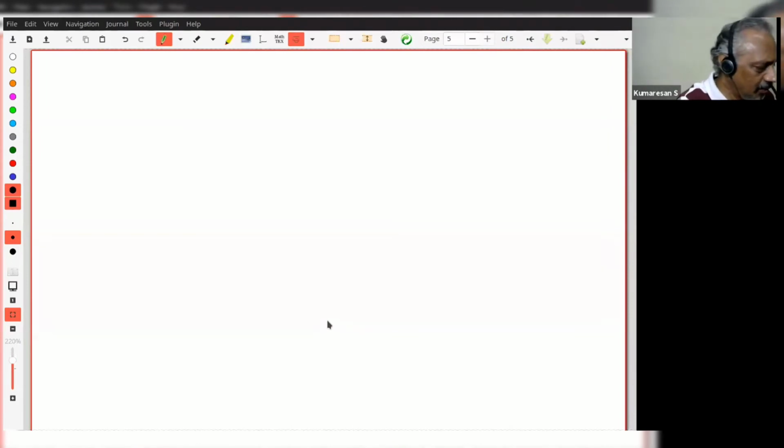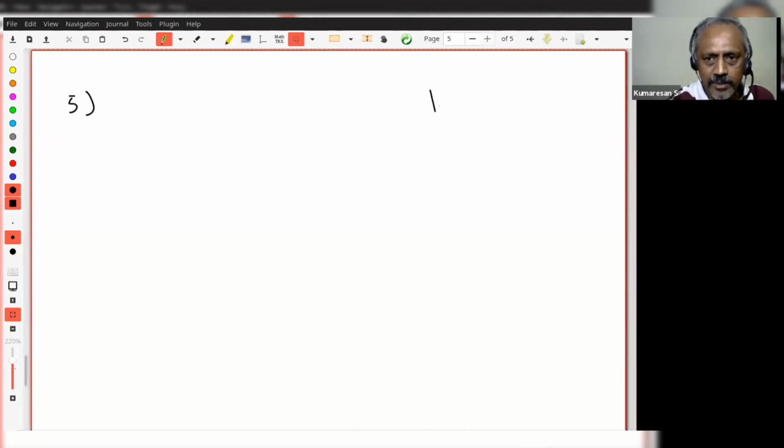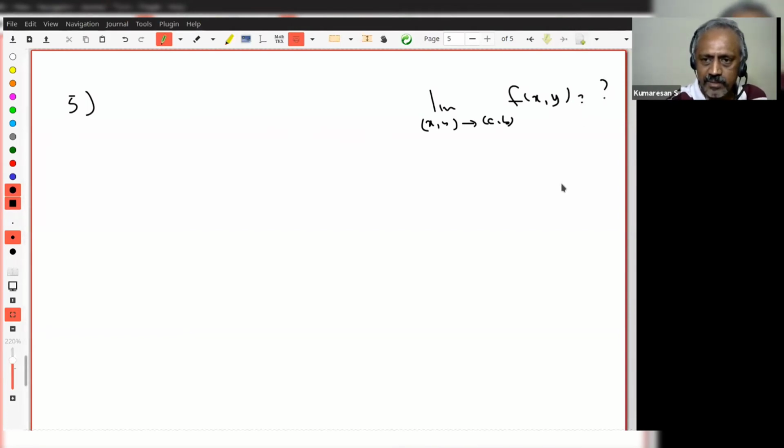Now I want to give one of the most testing examples. Remember, what did I say? If I want to find limit xy going to ab of f(x,y), and I do not know what it is, then what I said was move along various lines. If all of them coincide, maybe that is a limit, maybe, but we have to prove it. And next one, what did I show?